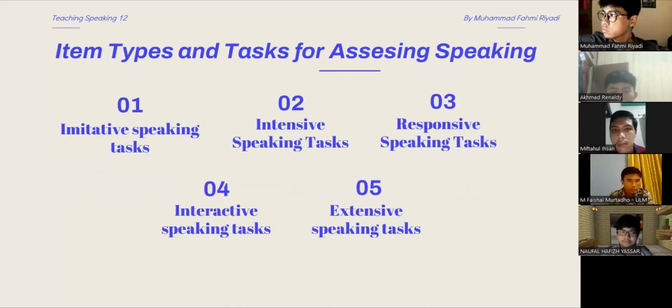Next is item types and tasks for assessing speaking. So that you can gain an initial glimpse of options for assessing spoken language at the previous levels of performance.